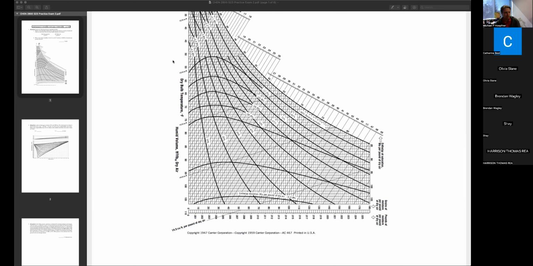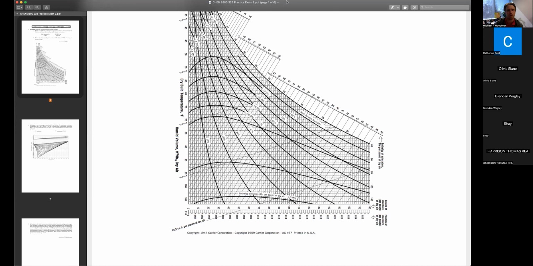So the first one here is we've got to look at the inlet conditions. So the first condition is that we have air at 90 degrees Fahrenheit and 95% relative humidity.